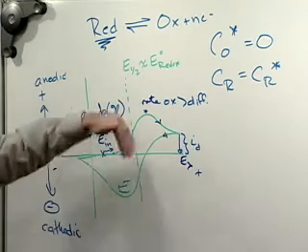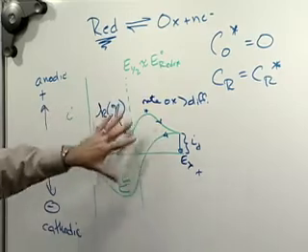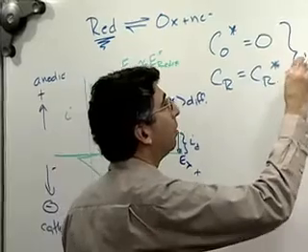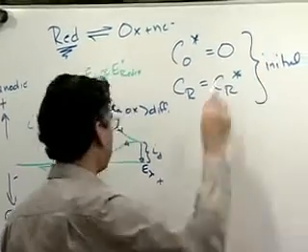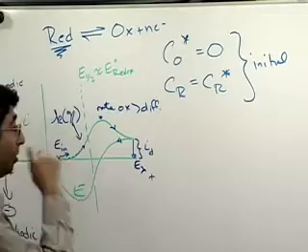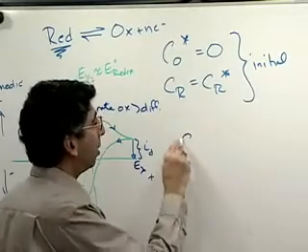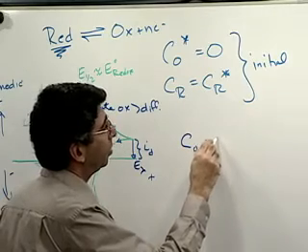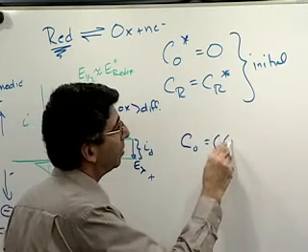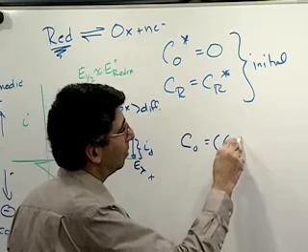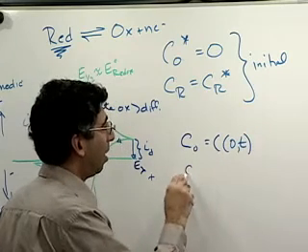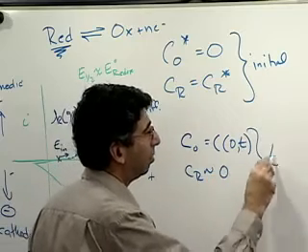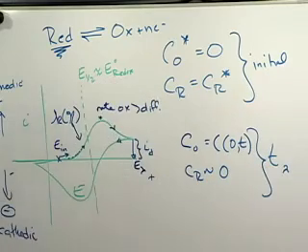And as I do that, now I have a lot of oxidized species near the electrode surface and very little reduced. So at lambda, my oxidized concentration, whatever it is, exists, and my reduced concentration is approximately 0 at lambda.